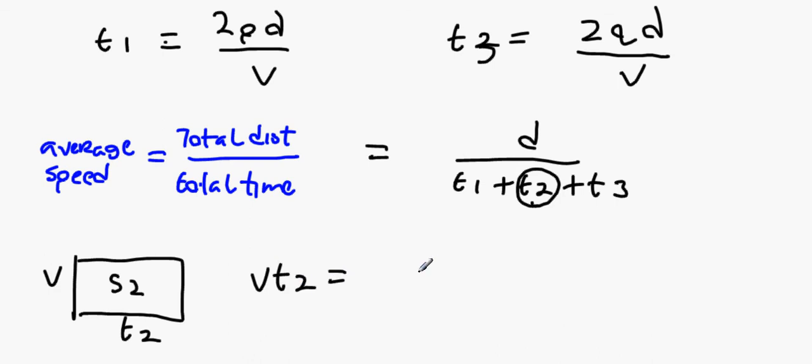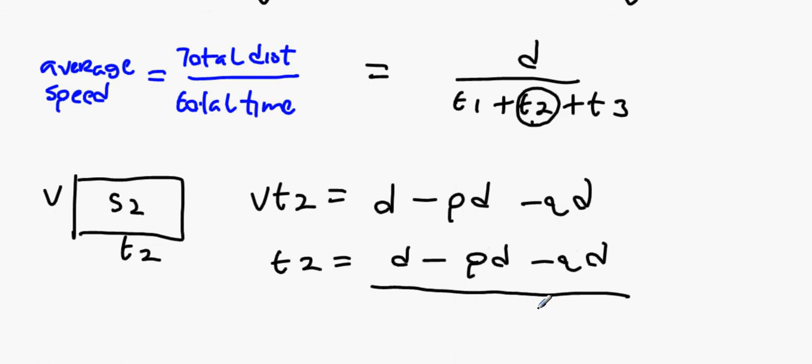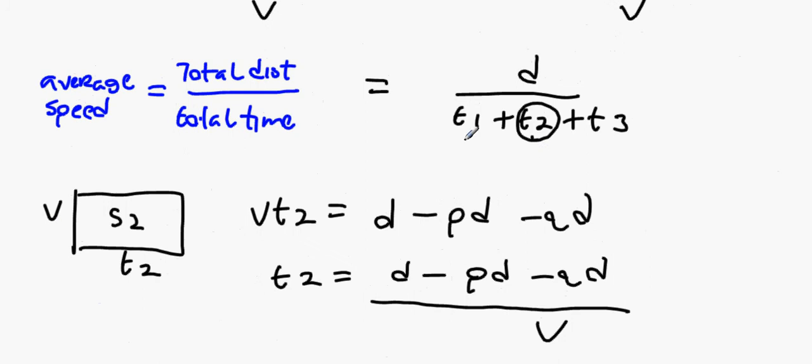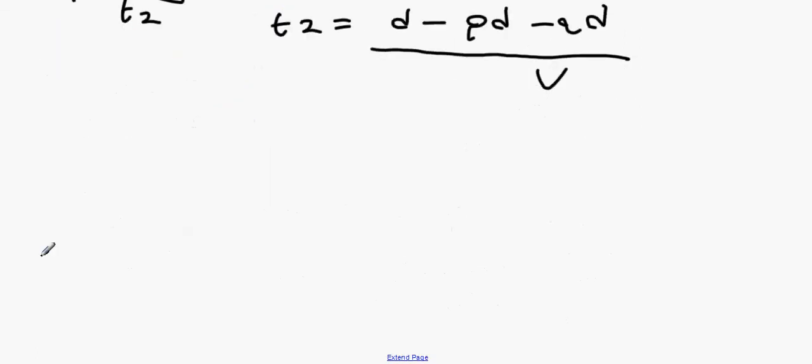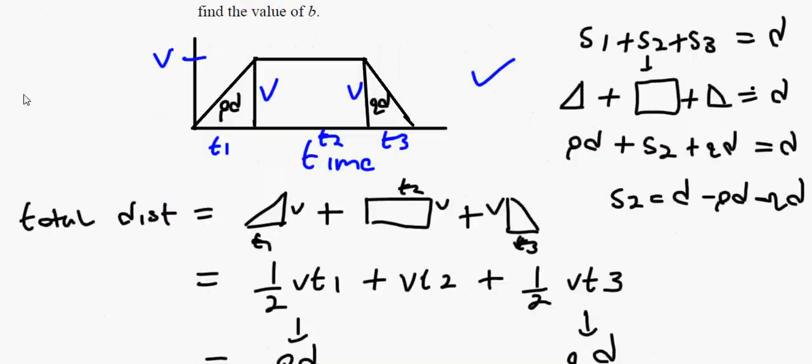VT2 ends up equal to D minus PD minus QD, and then t2 is equal to D minus PD minus QD all over V. Now we've gotten t1, t2, and t3 in terms of D, P, and V. So now all we've got to do is plug them in, and hopefully we can rearrange it into V over P plus Q. We'll see what happens.